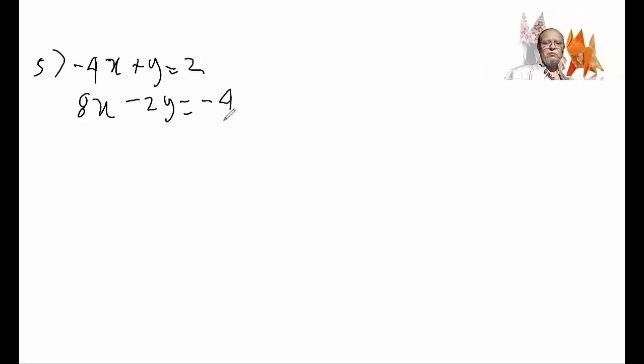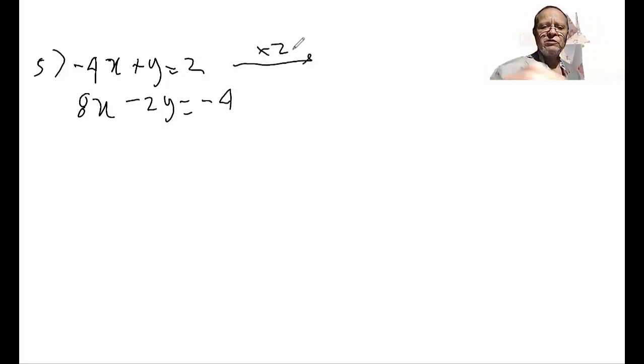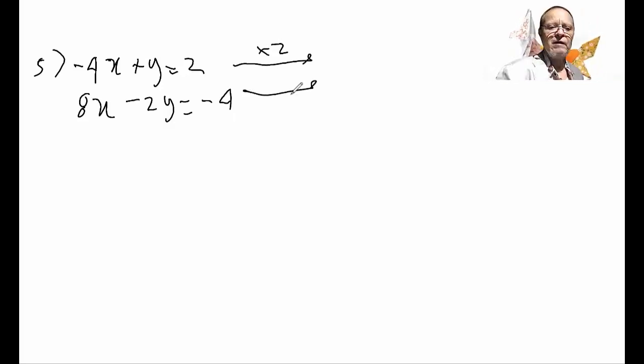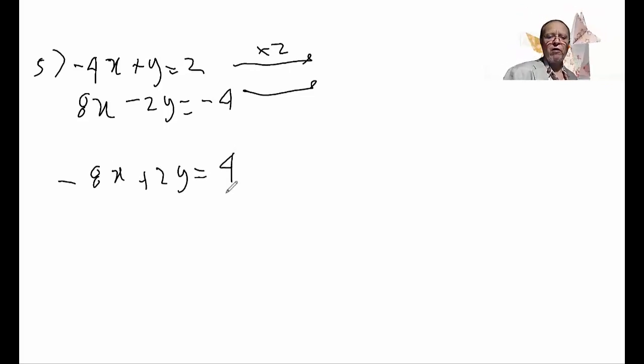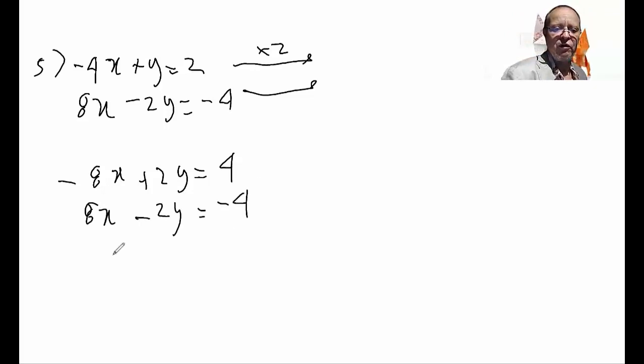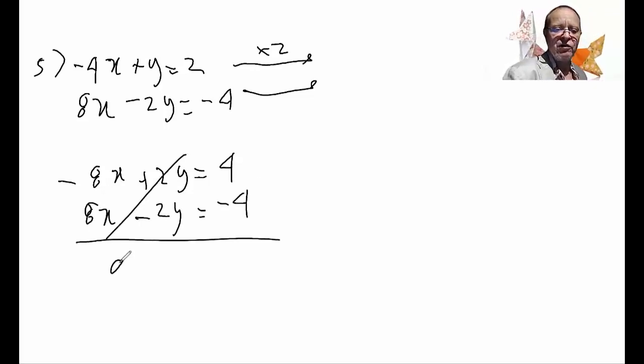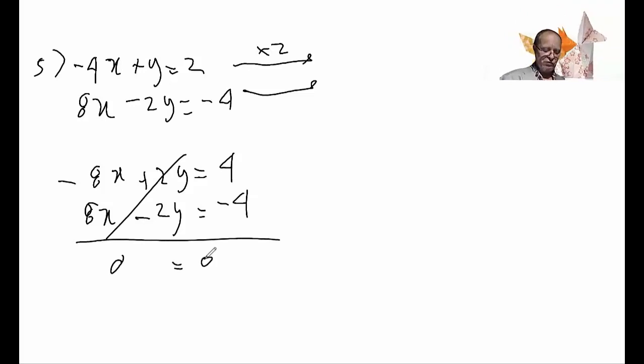So let's multiply the top equation by 2 so that we can eliminate one of the variables. And we end up with negative 8x plus 2y is equal to 4. And then we'll keep the bottom one the same. 8x minus 2y is equal to negative 4. And it turns out we get 0 on both sides.